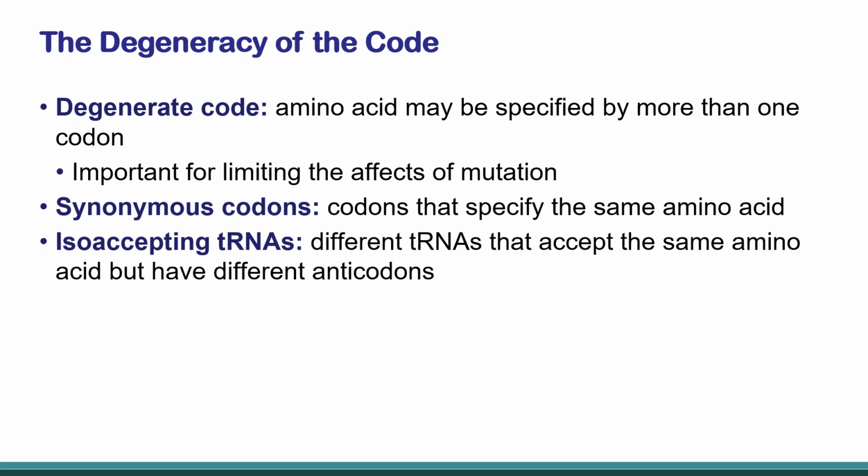What they can do is pick up amino acids based on just part of their code. So they can accept the same amino acid, but using a different anticodon. This allows the cell to more quickly have transfer RNAs bring in the appropriate amino acid.